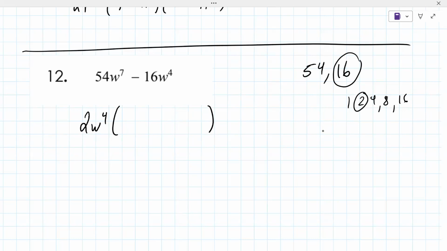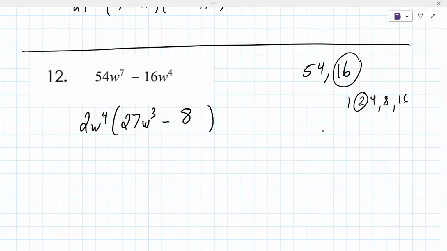That would be 27 w cubed, yep, minus 8. All right, good.